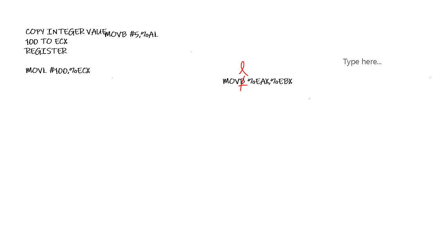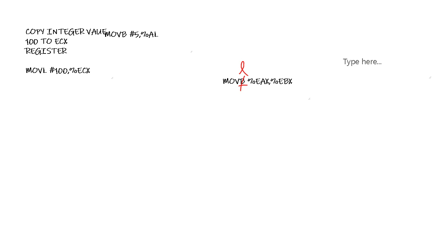In C programming we will write it like this: int value = 42, and this has to be in small letters. The meaning of this is value is equal to 42.